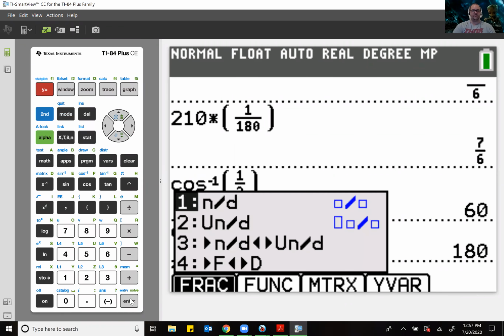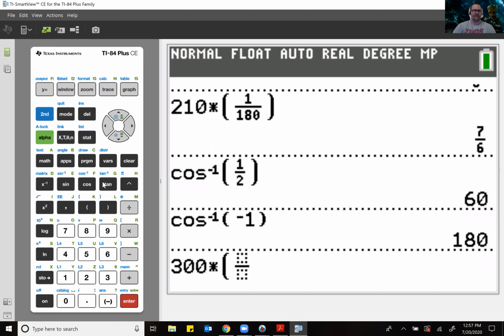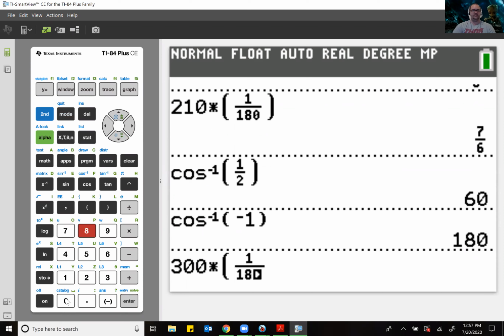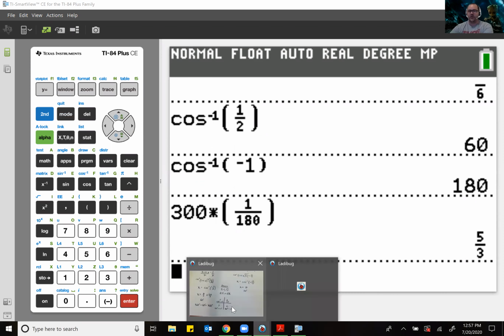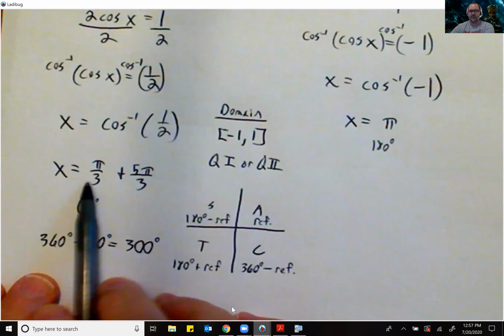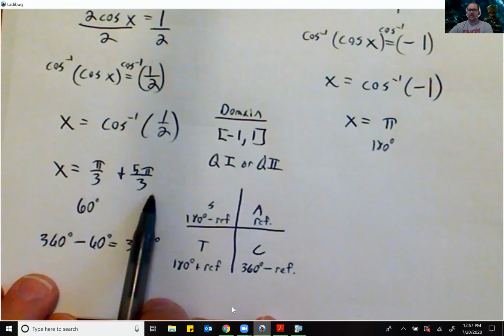I probably should have just gone up and grabbed the 210 and all that, but my bad. 180. And this guy is 5 pi over 3. So our two angles right here are pi over 3 and 5 pi over 3. Our angle over here is just pi.